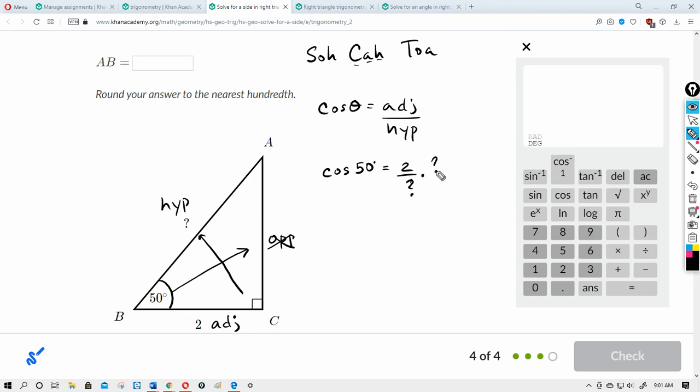Multiply both sides by the question mark. And on the right-hand side, it cancels. And we have question mark times cosine of 50 equals 2. In order to solve for the question mark, divide both sides by the cosine of 50.